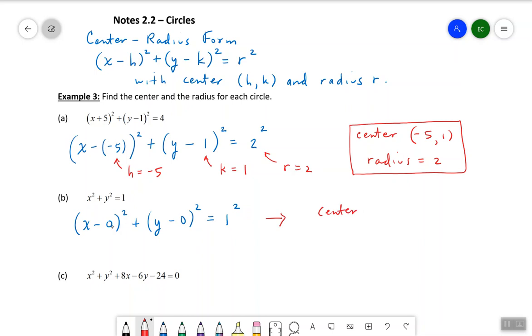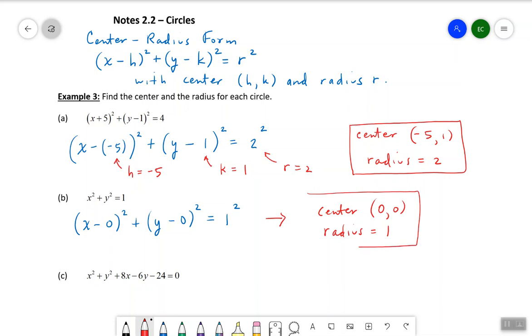Of course what we've just written out is equivalent to the formula we were given in the problem, and we can see that the value of h and k must both be 0. So the center is at 0, 0, and the radius is equal to 1.